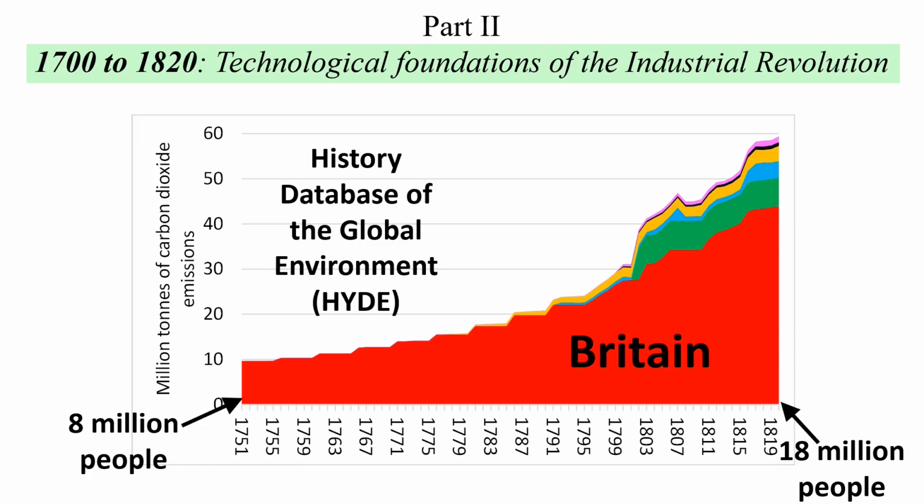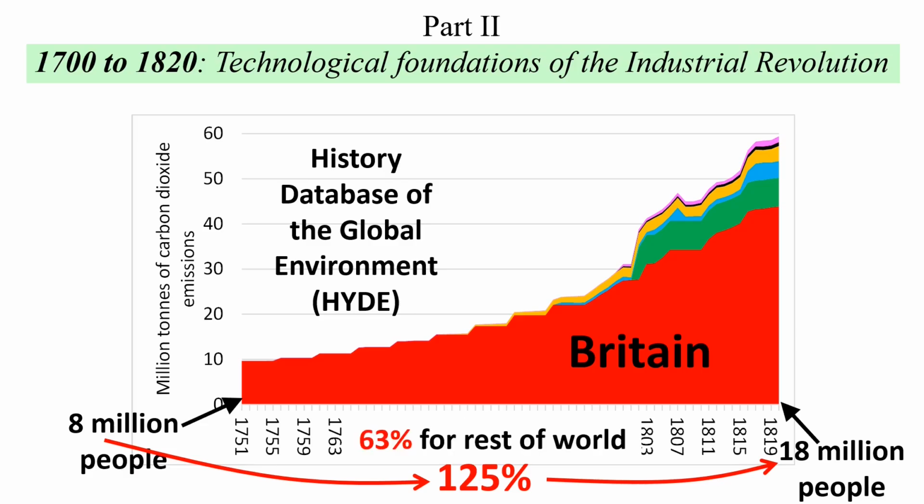I'm referring to the History Database of the Global Environment, or HYDE. So we see the population in Britain increased by 125%. For the rest of the world, the increase was 63%. So the population in Britain increased around twice as fast as in the rest of the world over this period.